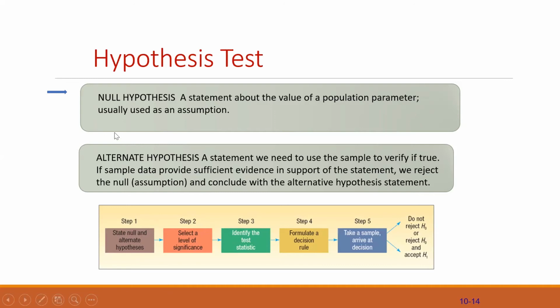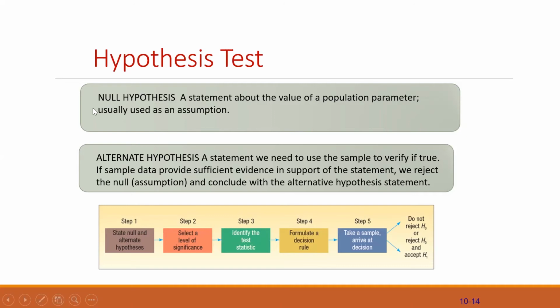For the sake of argument, if you say one statement is wrong, then you propose an alternative and say, well, then the other could be correct. That's the idea of having two hypotheses, and they complement each other. For the null hypothesis, we have a special requirement. It is a statement about the value of a population parameter, and we use it as an assumption. We usually assume a null hypothesis is true.